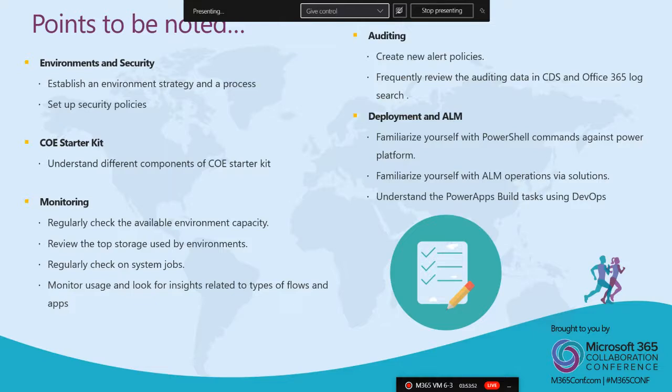In terms of auditing, create a new alert policy that can be used for ensuring overall health of your citizen app development platform, which is nothing but the Power Apps platform. And frequently review the auditing data in CDS and Office 365 log search, as it can help in troubleshooting the logic problems.